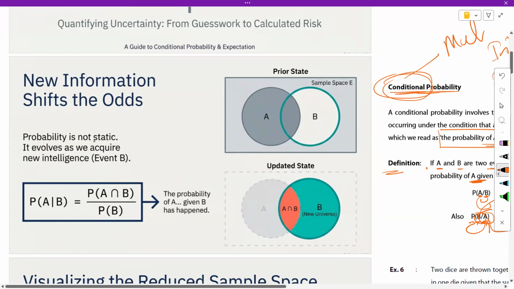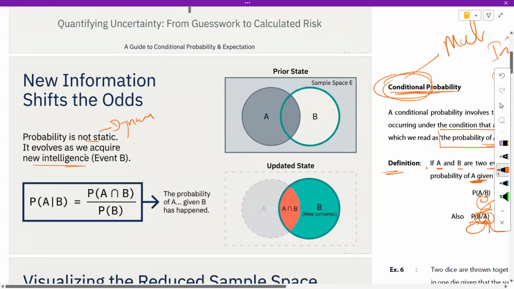Probability is not static. It's dynamic; it changes. It evolves as we acquire new intelligence.